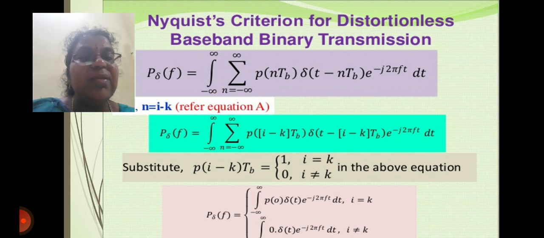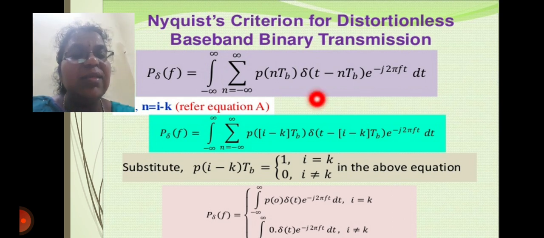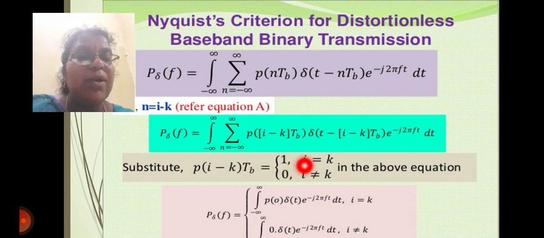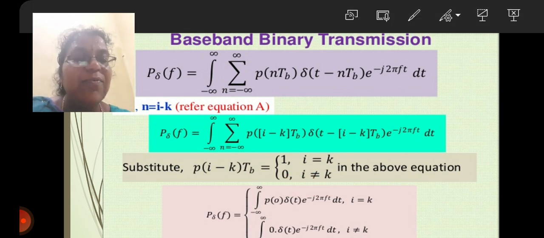Now substitute n equal to i minus k in the above equation, and you will be getting this. Now P((i minus k)Tb) is equal to 1 for i equal to k and 0 for i not equal to k. Substituting here, you will be getting P_delta(f) like this.